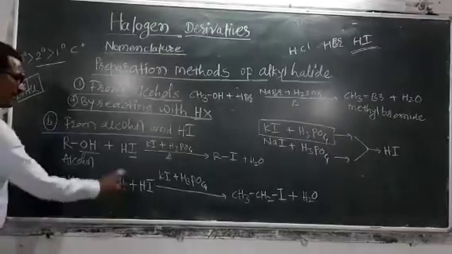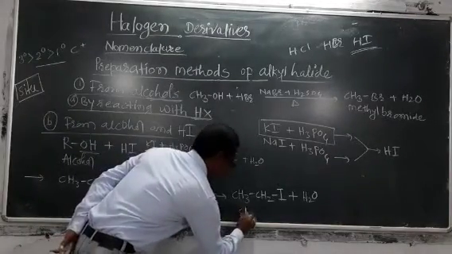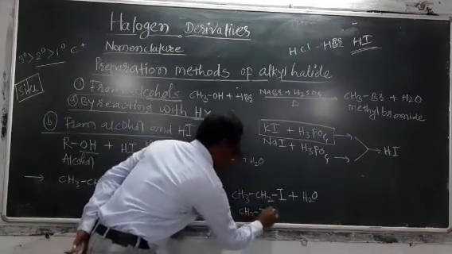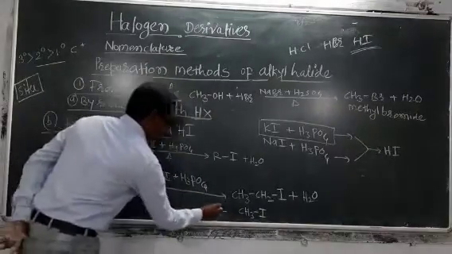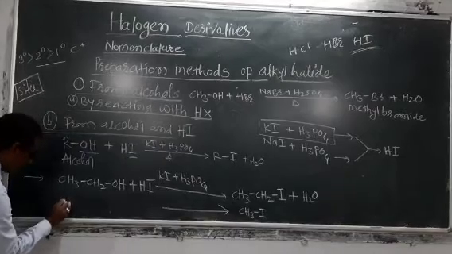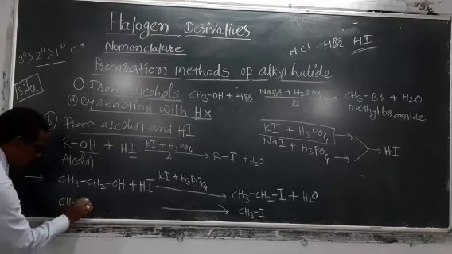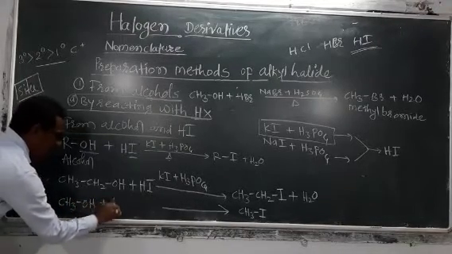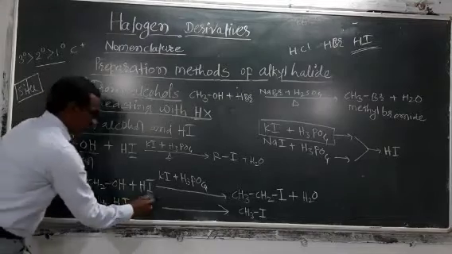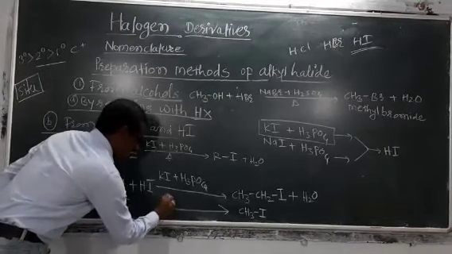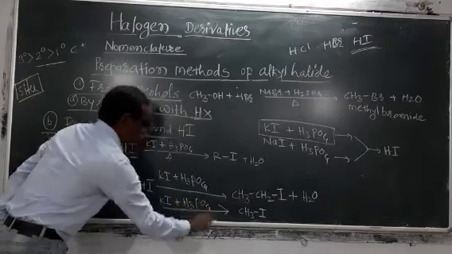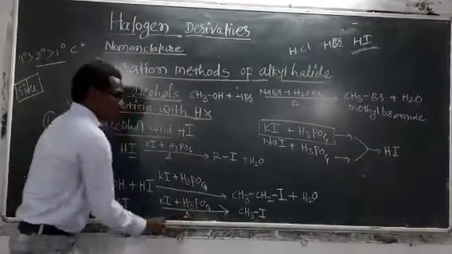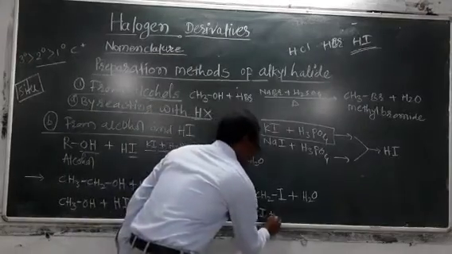Suppose we have to prepare CH3I, methyl iodide, from methyl alcohol. Then what do we have to do? We react it with HI in presence of potassium iodide or sodium iodide plus H3PO4, and we get this product plus H2O.